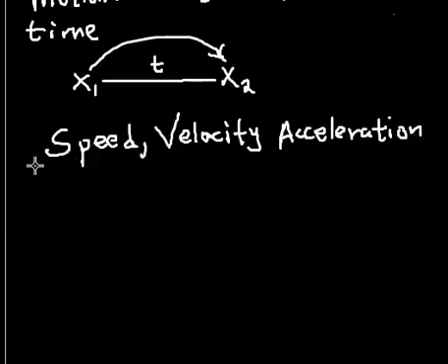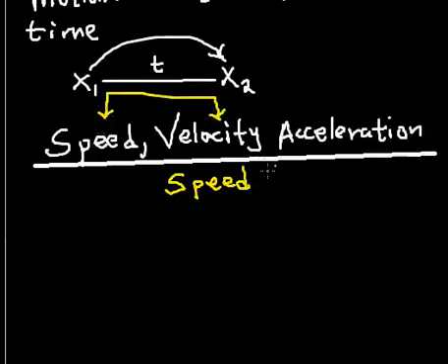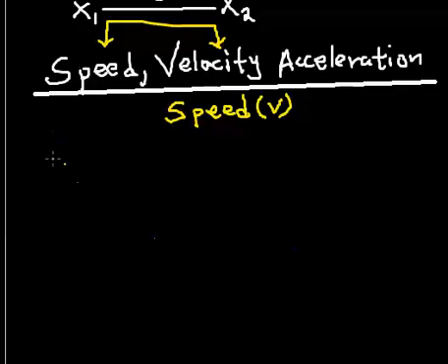I'm going to start with speed. Speed and velocity are similar, though of course I'll tell you they are different, so I will be using v to describe it. Now, what is the speed of an object that is under motion?